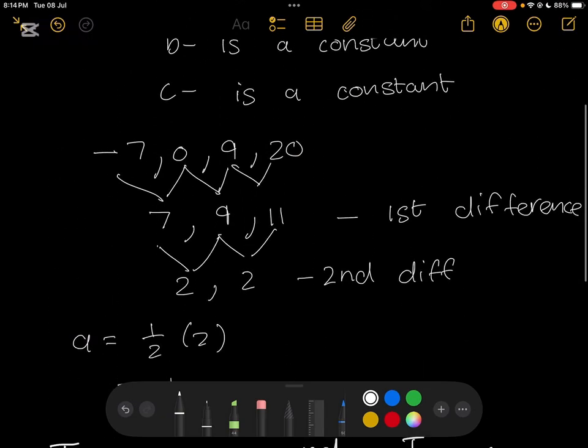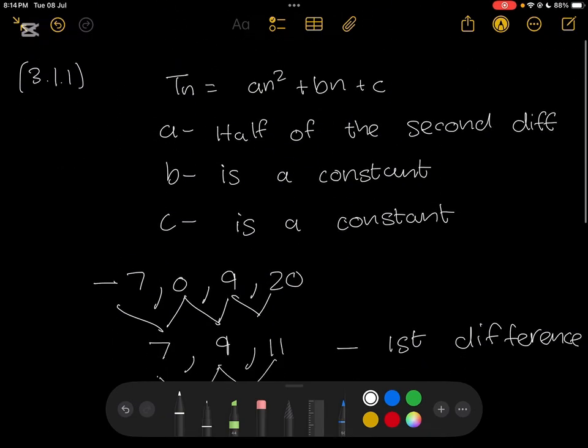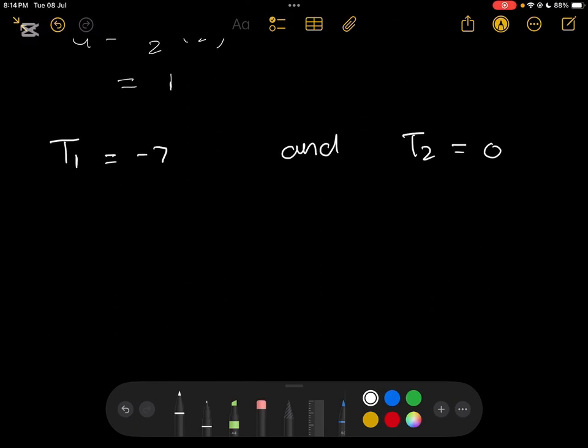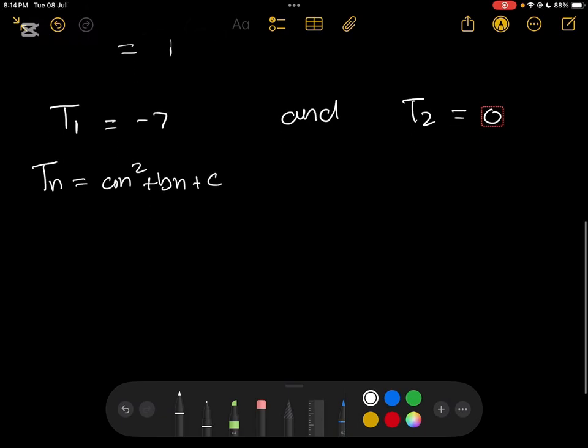Remember our general formula is Tn is equal to an squared plus bn plus c.